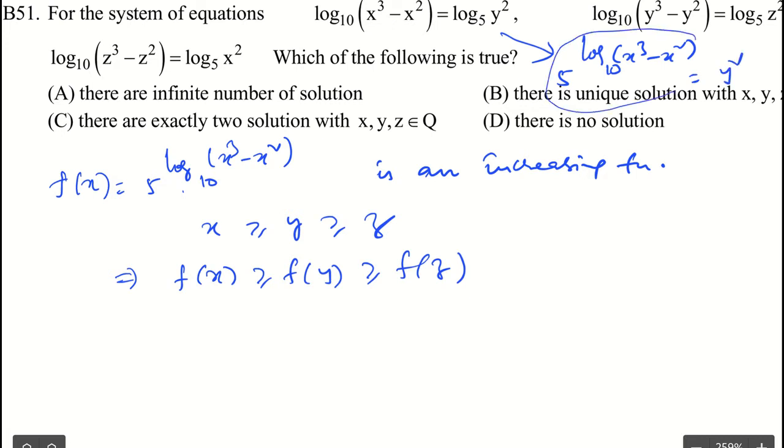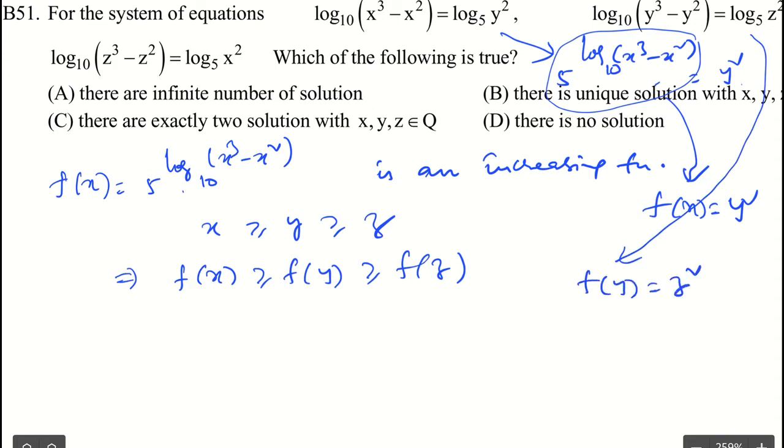So you can see that this is nothing but f of x. So f of x is y square. Similarly, from the next relation I'll get f of y is equal to z square, and from the last relation I'll have f of z equal to x square.